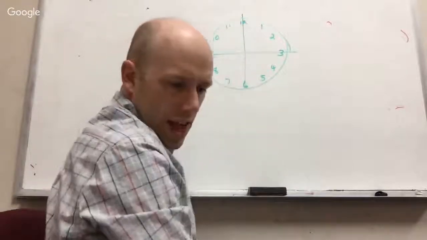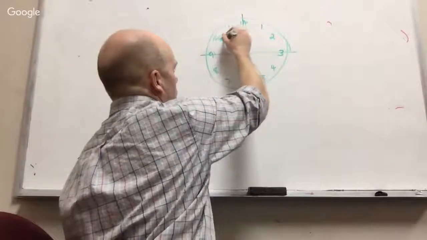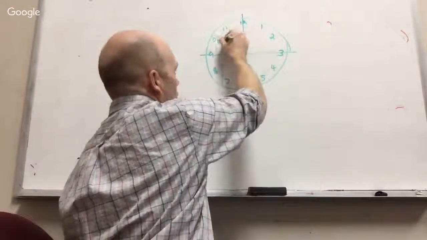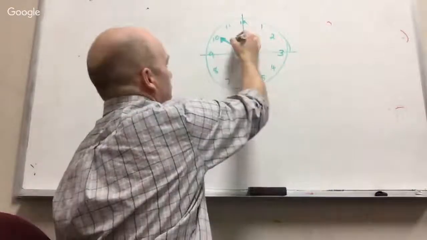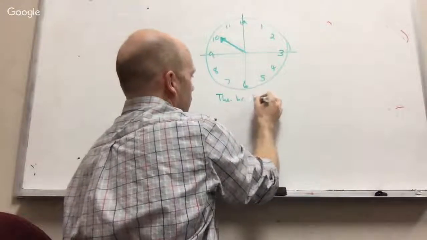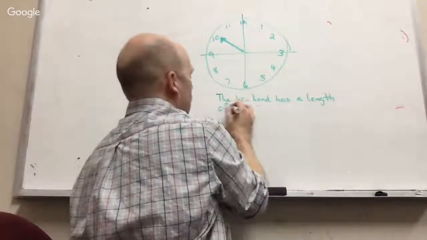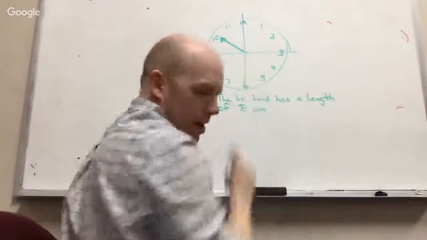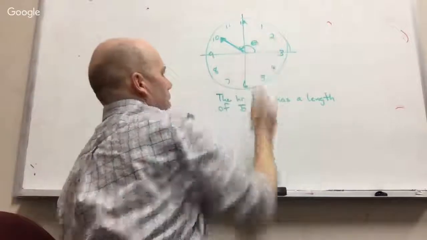And we have this hand pointing at 10. And we're told the hour hand has a length of 5 centimeters. And this angle is labeled as theta.